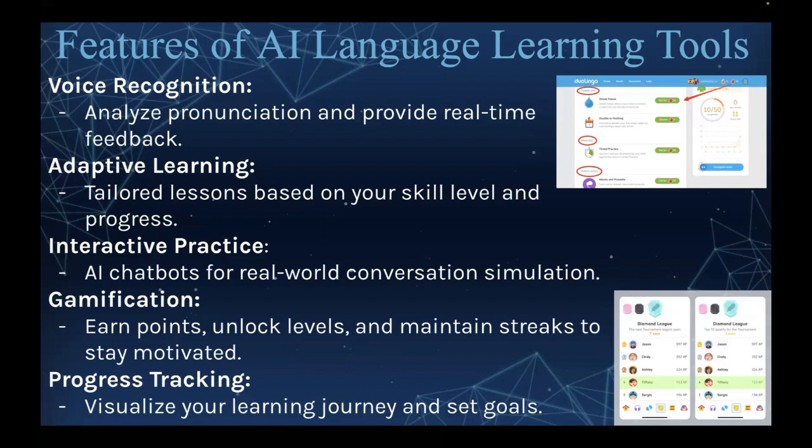They also have interactive practice, so AI chatbots for real-world conversation simulation. Gamification is what we talked about a lot: you play a game, earn points, unlock levels, maintain streaks, all while having fun and learning a new language. And progress tracking, so you can visualize how far you've come in learning this language. The more you learn, you can actually see how far that's taken you.